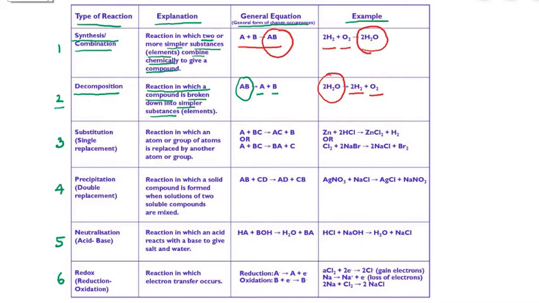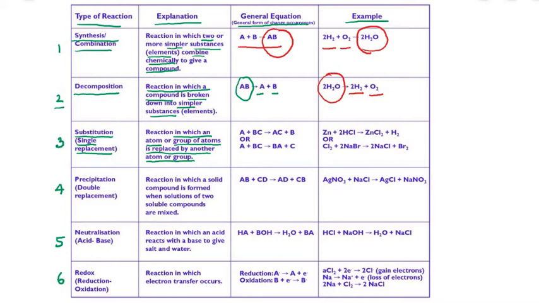The next one is substitution reaction, or it is also called a single replacement reaction. The term itself reveals substitution, isn't it? Therefore, a reaction in which an atom or a group of atoms is replaced by another atom or group is called a substitution reaction or a single replacement reaction, right?